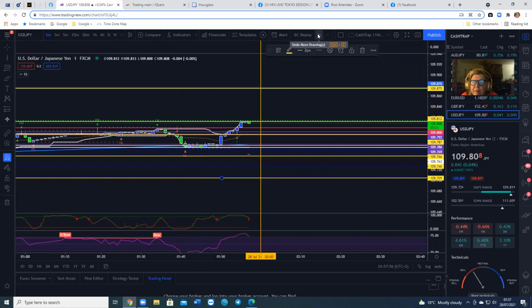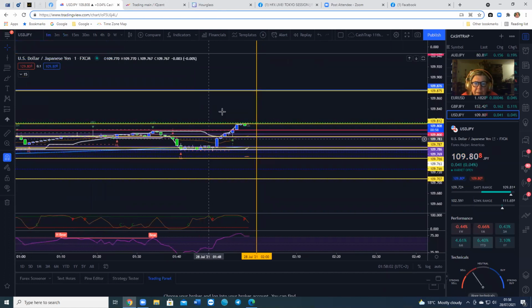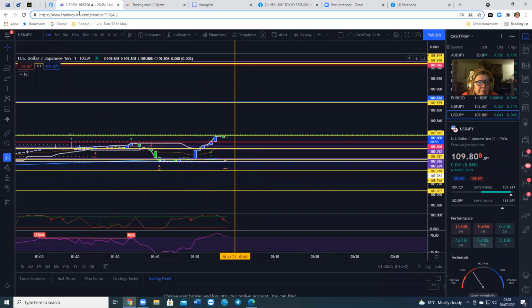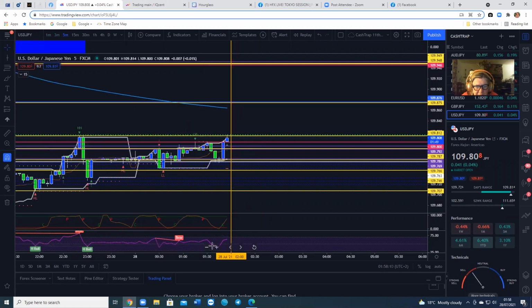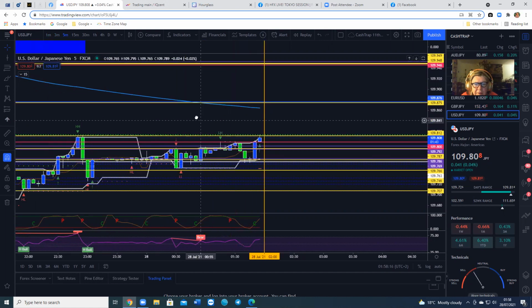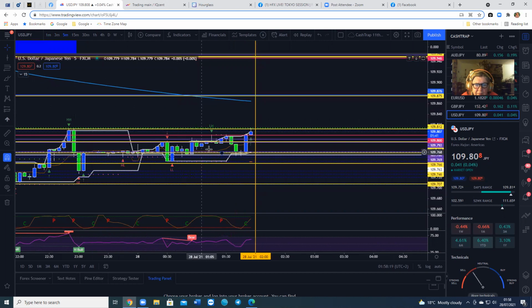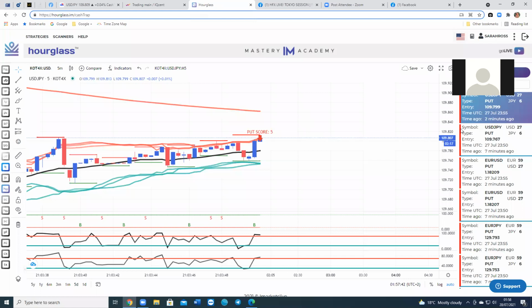Two minutes to go. And it does say hidden bull here. So we'll just wait for market open.